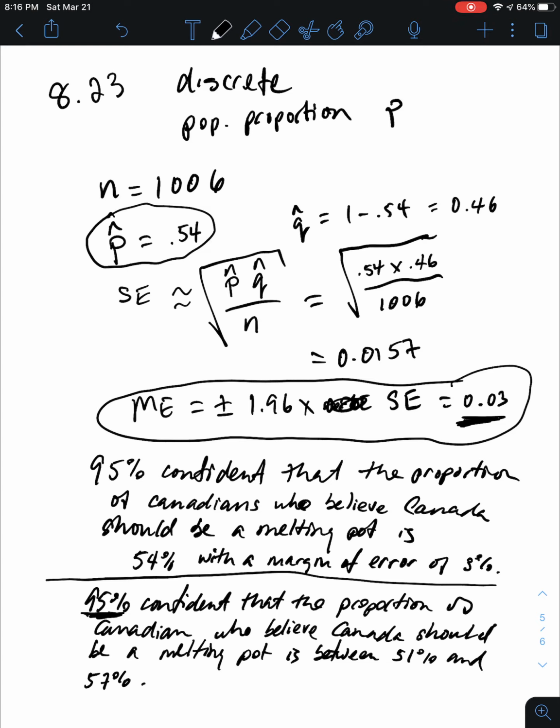Now here I imagine some of you are saying, well, what if I really want to be 100% sure? Well, you go and survey every Canadian then. It's 30 million people. You go out there and ask 30 million people what they think. We got 95% confidence by surveying only 1,000 people.